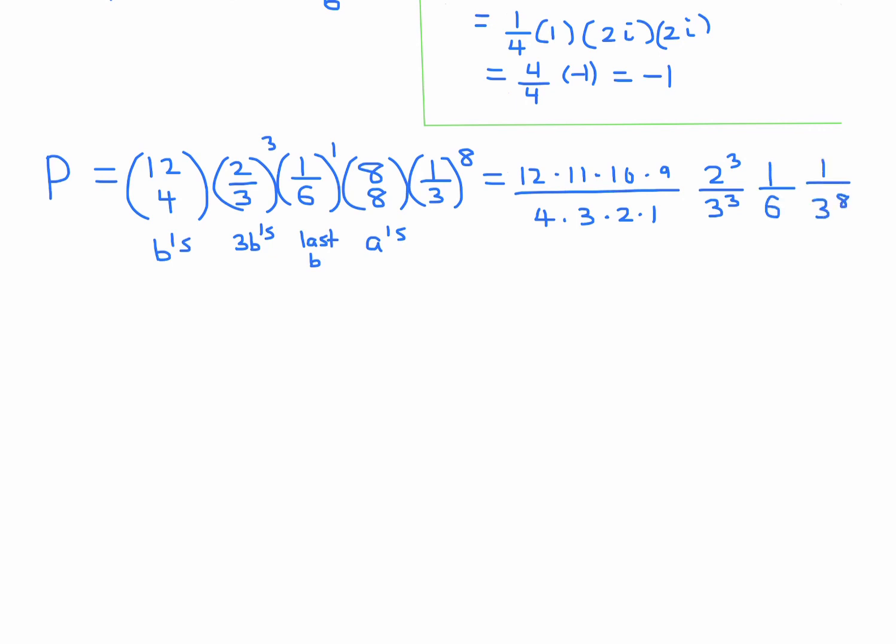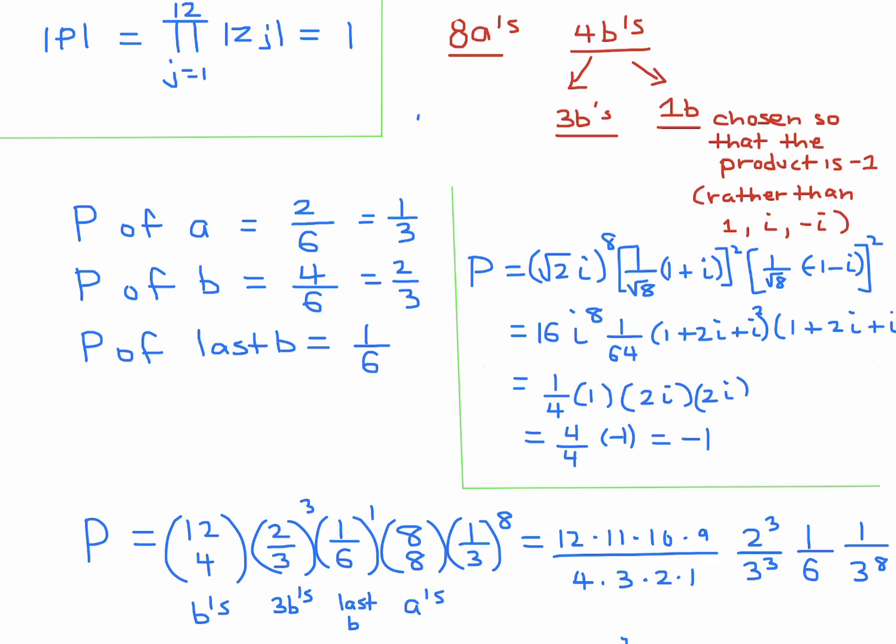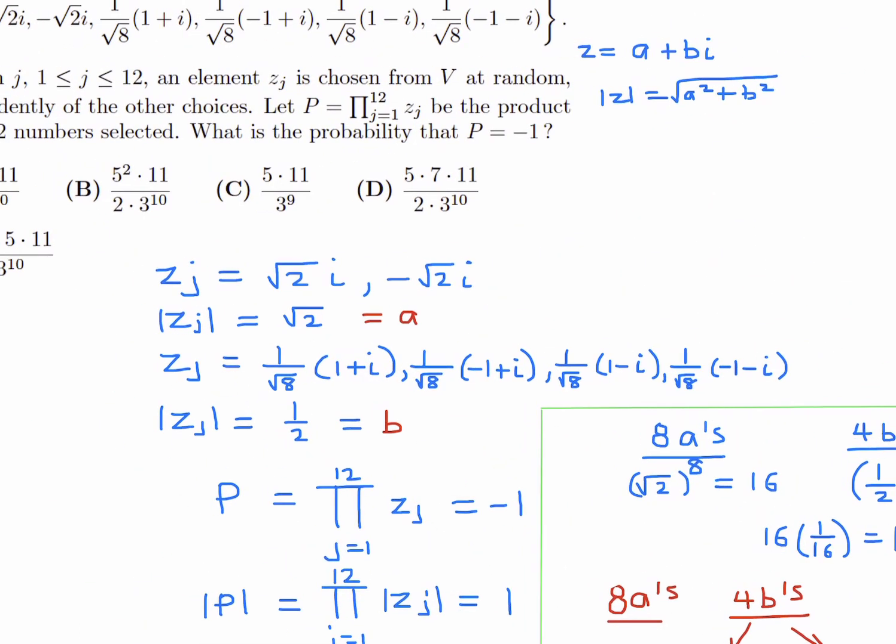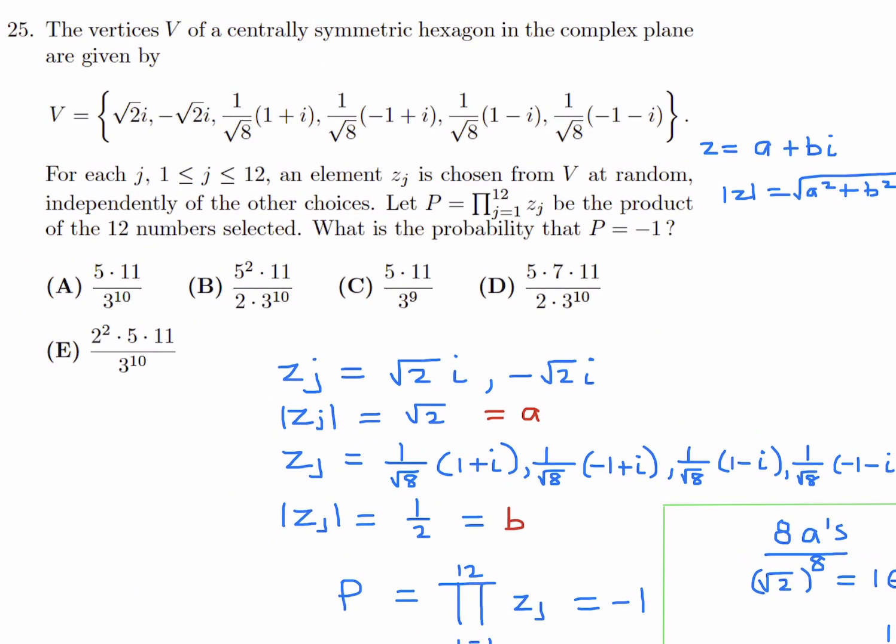And then we have 1 over 3 to the power of 8. And then when this is all said and done and you cancel out all the relevant terms, all you're left with is 2 to the power of 2 times 5 times 11 over 3 to the power of 10. 2 to the power of 2, 5, 11, and 3 to the power of 10. That would mean number 25, the answer is E.